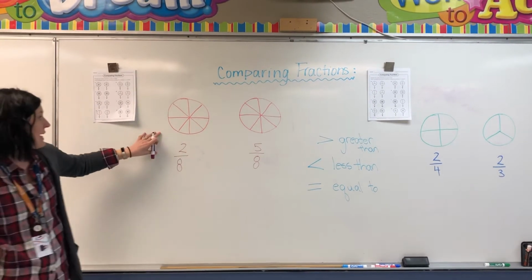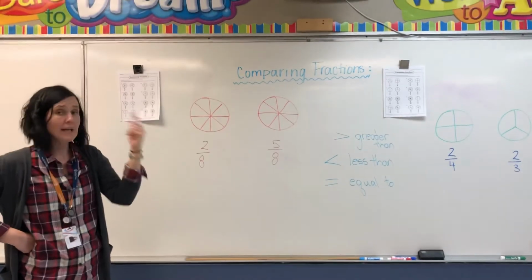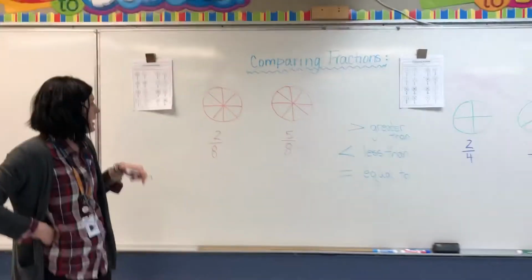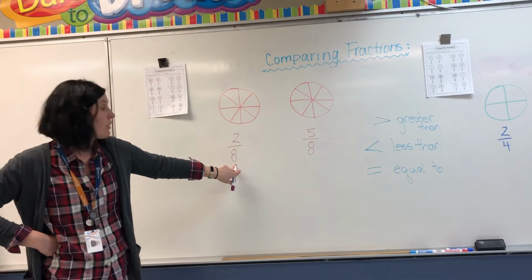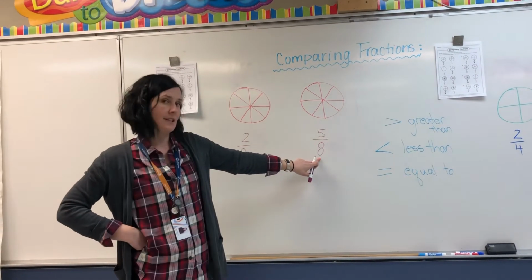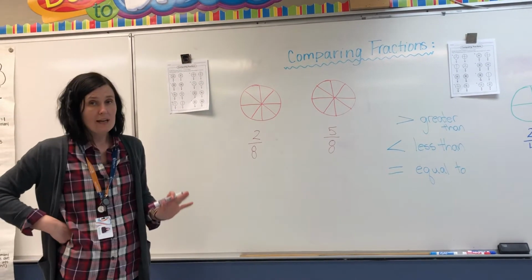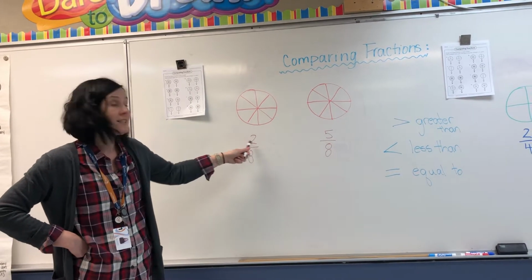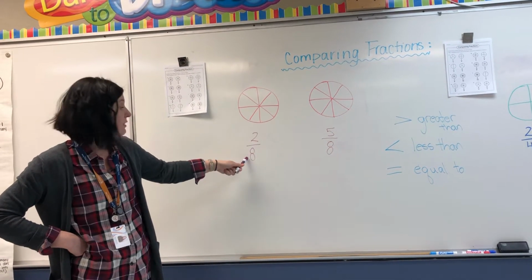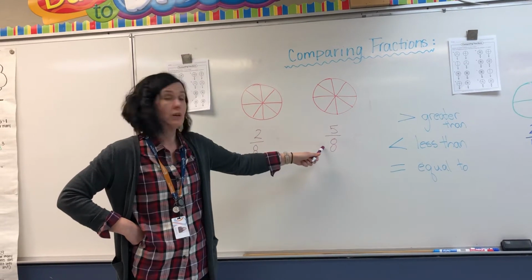So in my example, I've drawn two circles that are broken up into 8 parts each. And I want to know, is 2/8 the bigger fraction or is 5/8 the bigger fraction? Now before you even do the shading, what I want you to think about is, okay, this means 2 parts out of 8. And this one means 5 parts out of 8.